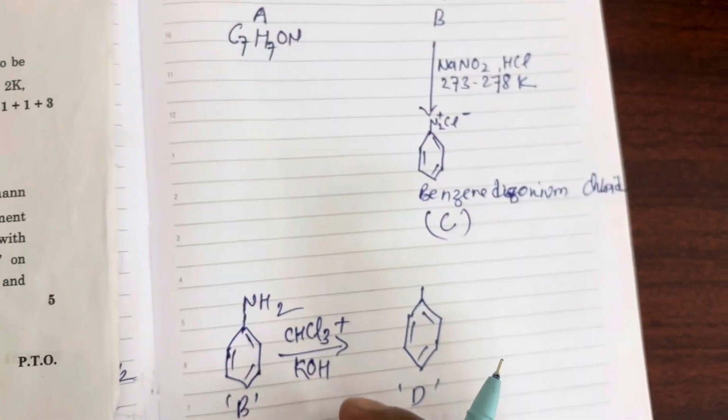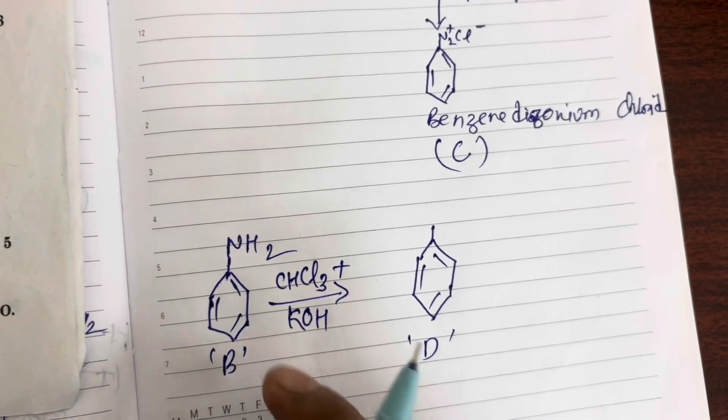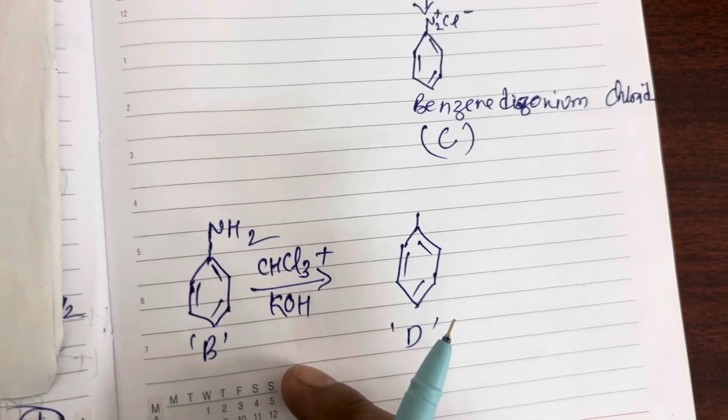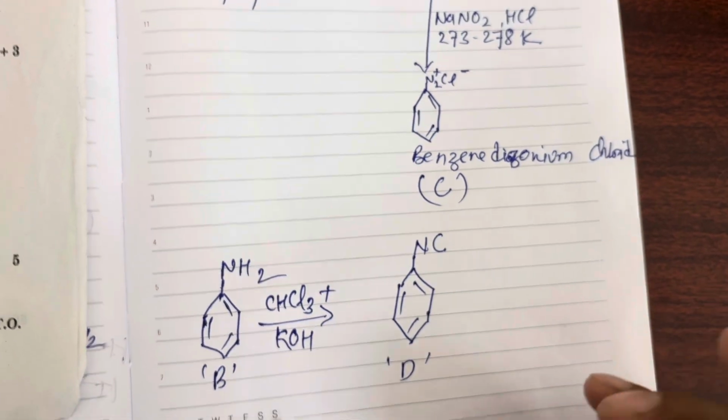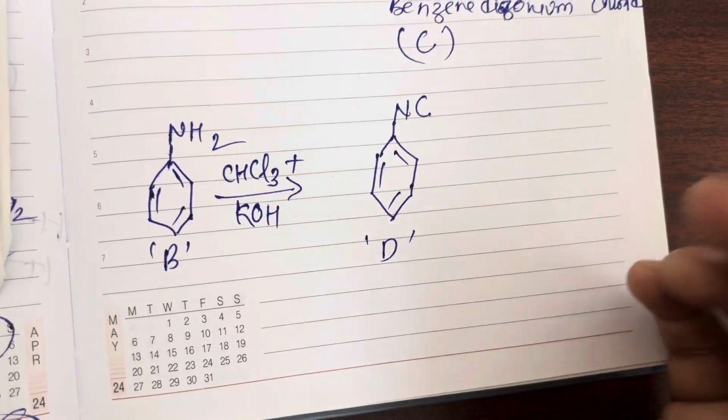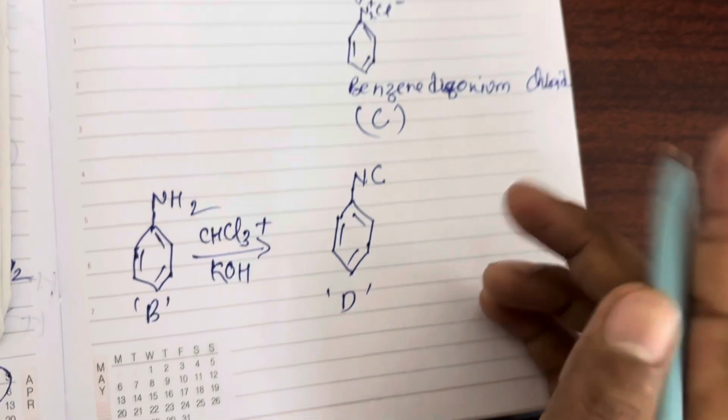When aniline, a primary amine, reacts with chloroform and KOH, what will form? Isocyanide will form, benzene isocyanide. So this compound D will form.